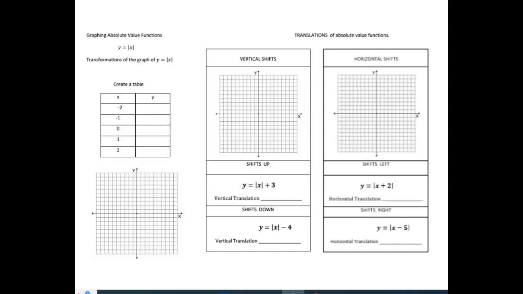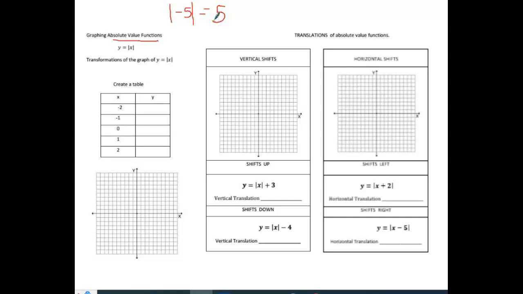So part 2 of this lesson, we are now going to apply what we just talked about with parent functions of linear equations with graphs of absolute value functions. Same thing as absolute value equations. Now, when you were in your past math classes, you probably learned what an absolute value of a number is. So if I ask you what the absolute value of -5 is, the answer is +5.